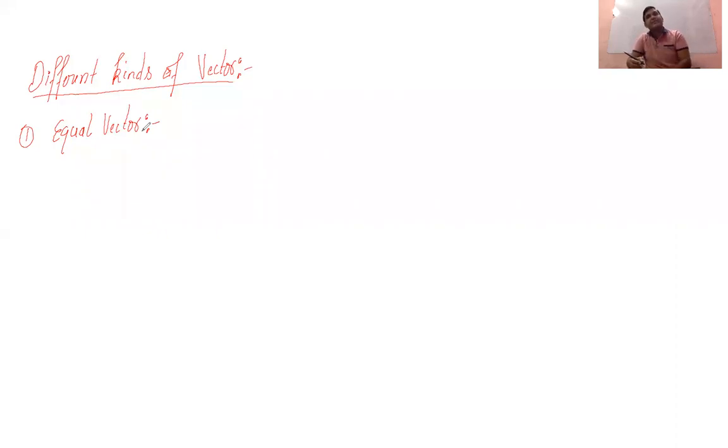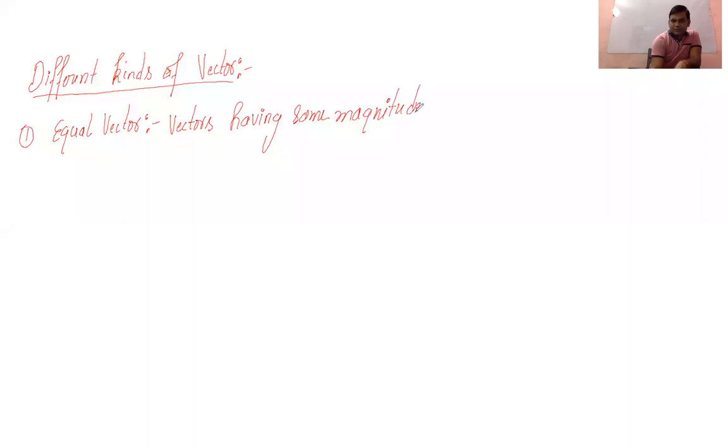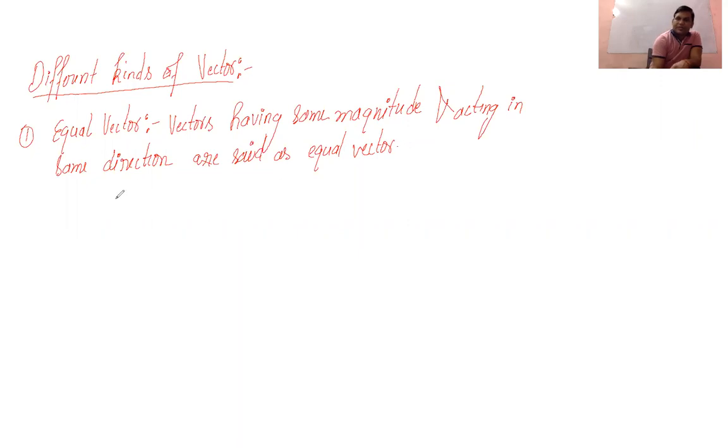Vectors having the same magnitude and acting in the same direction are said to be equal vectors.